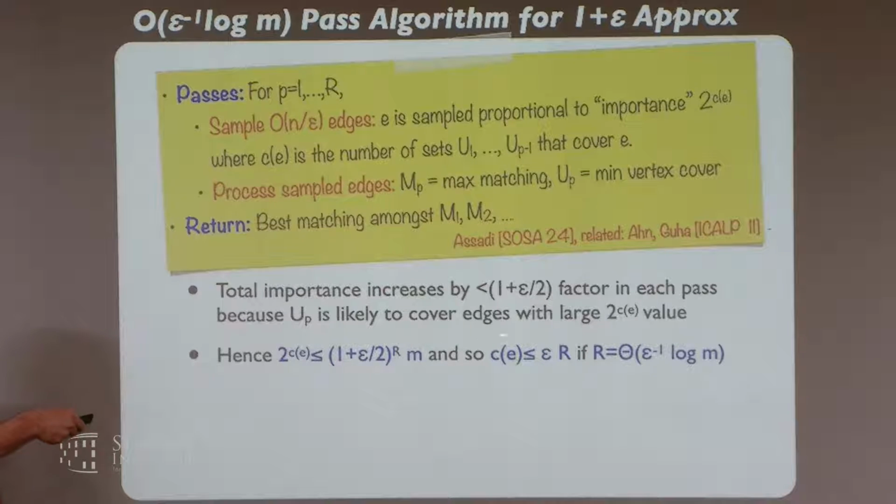Okay. So what does this mean? Remember, CE is the number of vertex covers that don't cover E, because I foolishly left a "don't" out there.